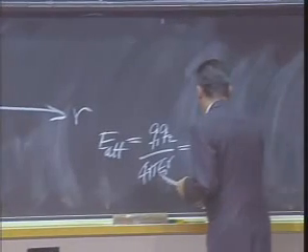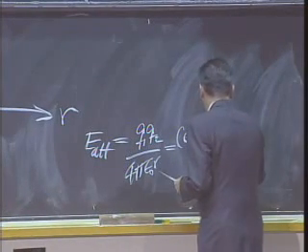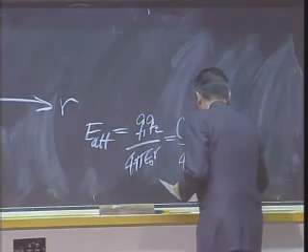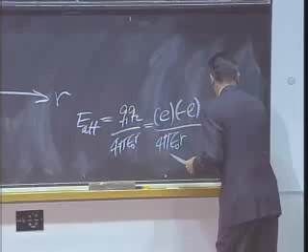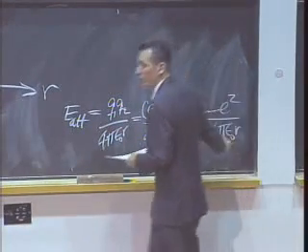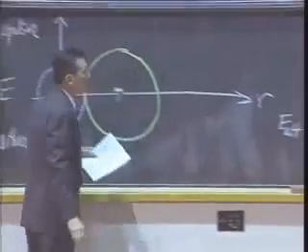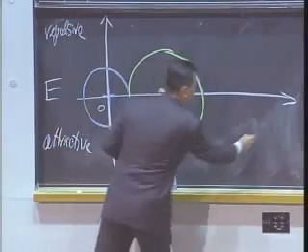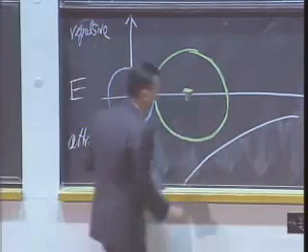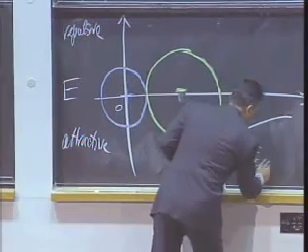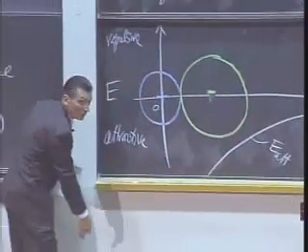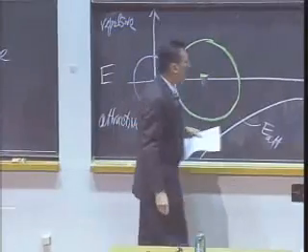So this is positive e on the sodium, negative e on the chlorine, over 4 pi epsilon 0 R, which is going to give us minus e squared over 4 pi epsilon 0 R. And this is just a rectangular hyperbola, and it's going to look like this. So this is the E attractive. At infinity, there's no stored potential energy, and it drops off more and more negative as 1 over R.